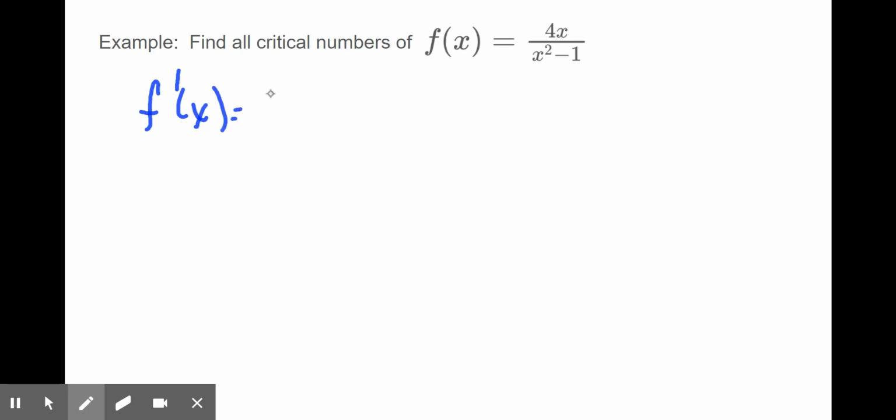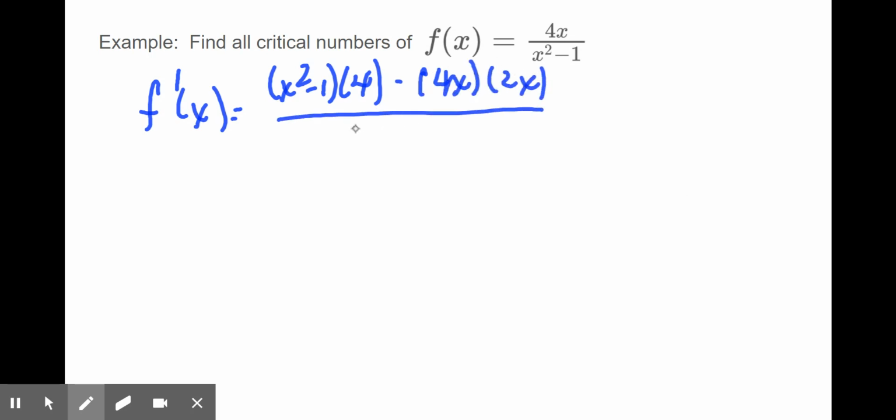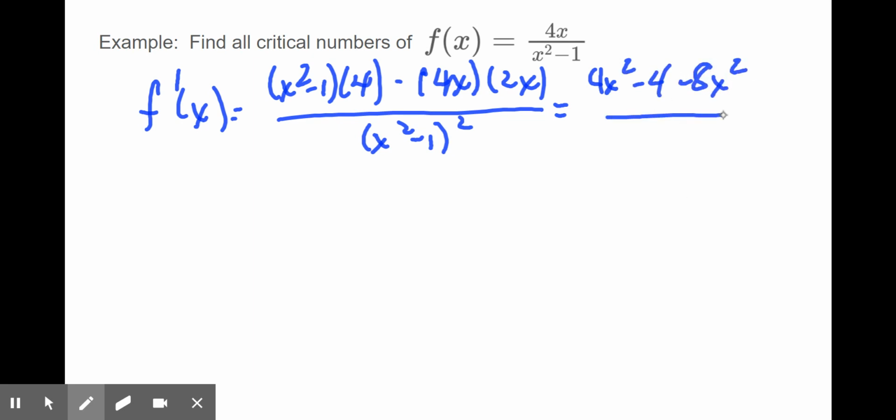Bottom d top minus top d bottom over bottom bottom. There we go. So let's clean this up. We have 4x squared minus 4 minus 8x squared all over x squared minus 1 squared.